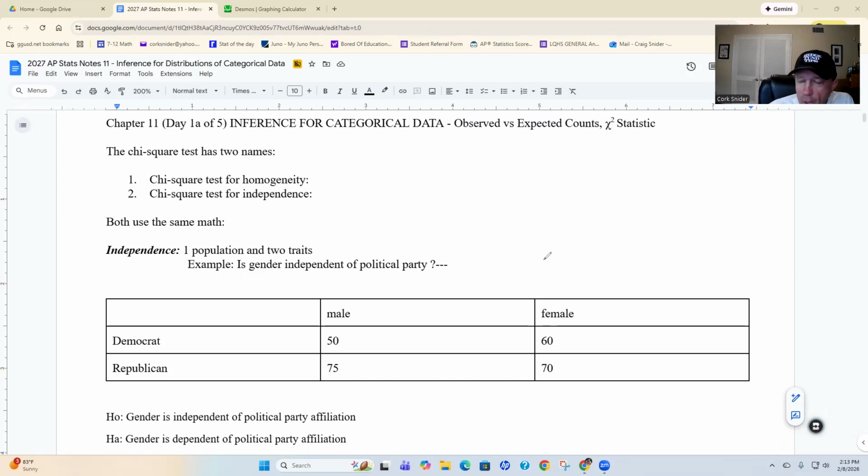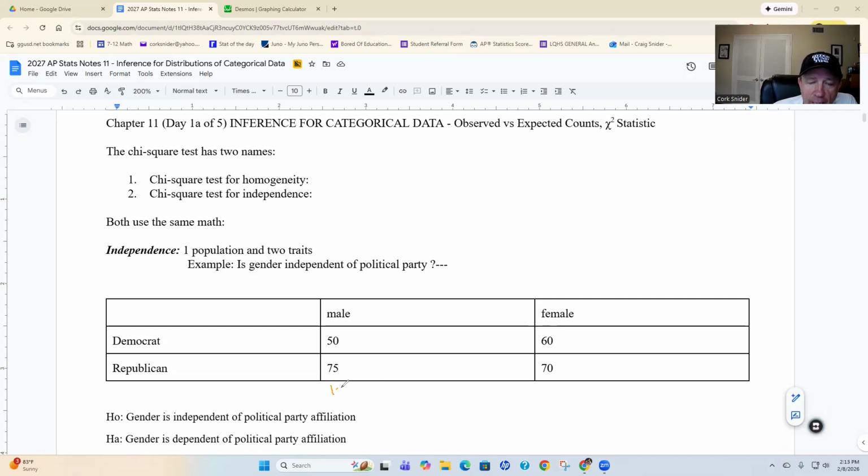Some little things you should know: these are the observed data. You have observed data, and then, of course, you have expected data. Expected data would be if the data is the same. If H0 is true, what would be expected from this table? It's very easy to calculate.